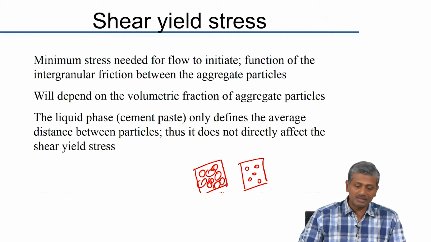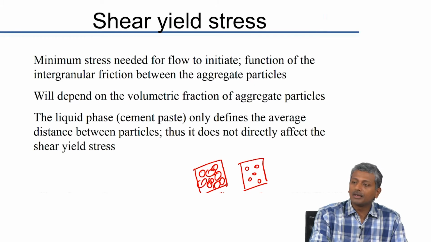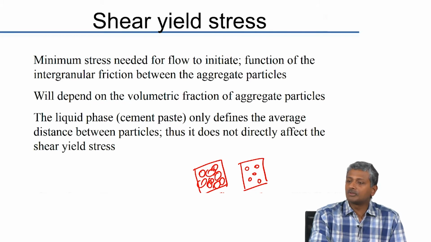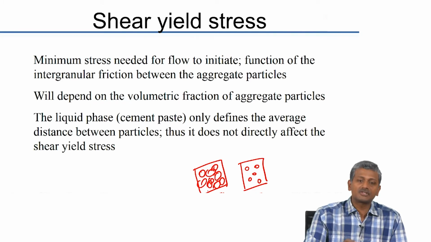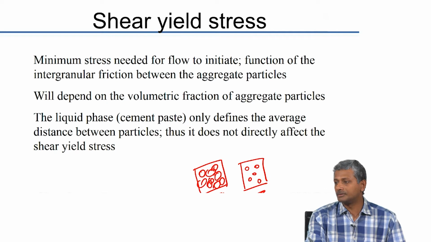When we use a superplasticizer, we are not altering the space between the aggregate, but what we are essentially doing is increasing the flowability of the paste, and the paste itself is now able to carry more aggregate along with it. So, that is a little bit different as compared to increasing the water content.